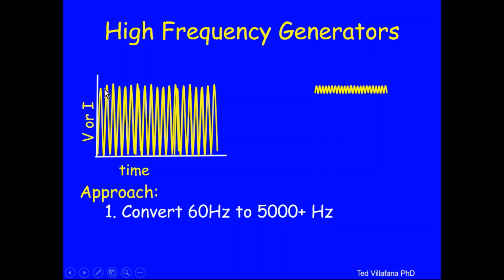Well, what does that do for us? First of all, in a portable machine you have a small battery, so you convert the DC from the battery to AC.